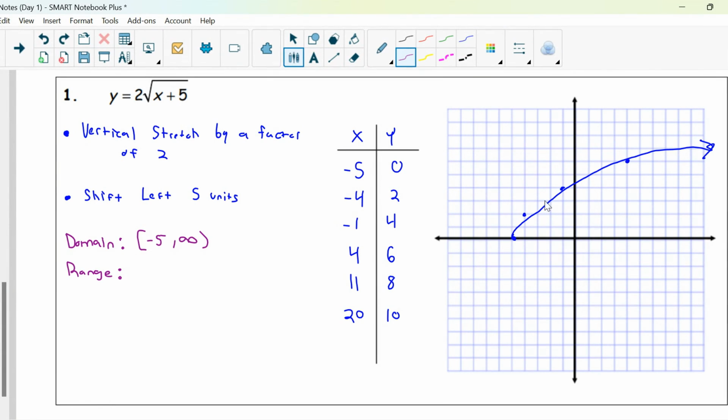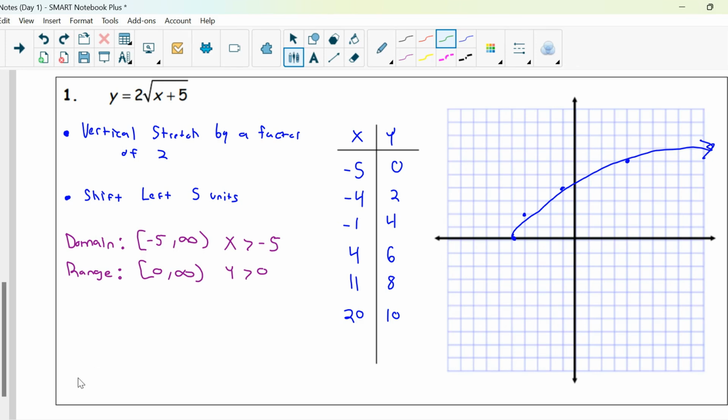My range, on the other hand, the lowest value I can have is going to be 0. And the highest value is just infinity. Okay, you can also write this as inequalities as well. Does not matter to me.